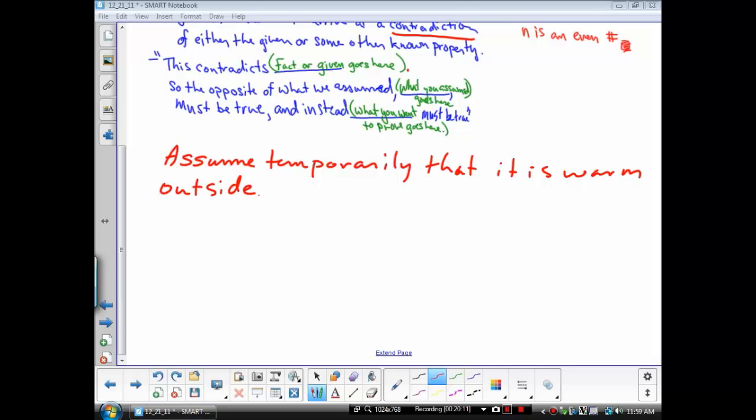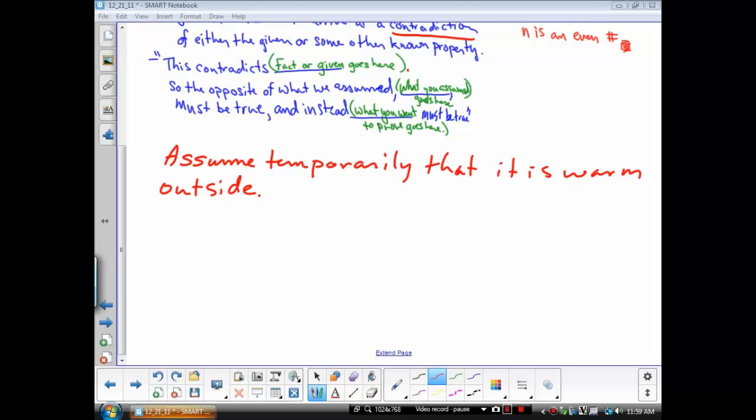So now we use logical reasoning, the middle part of this proof. If it is warm outside, and we look at part of the given, people are wearing coats. If it's warm outside and people are wearing coats, what's going to be happening? Sweat. They're going to be sweaty.